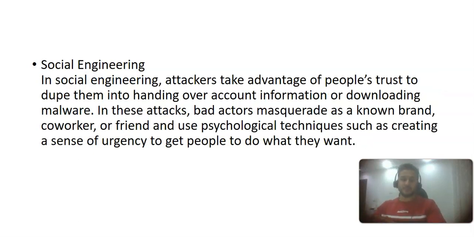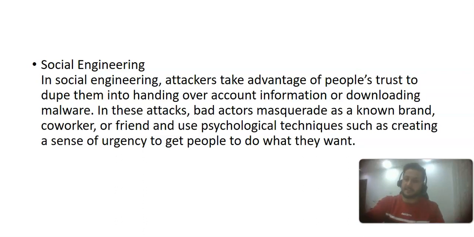Next is social engineering. In social engineering, attackers take advantage of people's trust to dupe them into handing over account information or downloading malware. In these attacks, bad actors masquerade as a known brand, co-worker, or friend and use psychological techniques such as creating a sense of urgency to get people to do what they want. You might have seen that some of your friends on Facebook reach out to you and say they need some money.